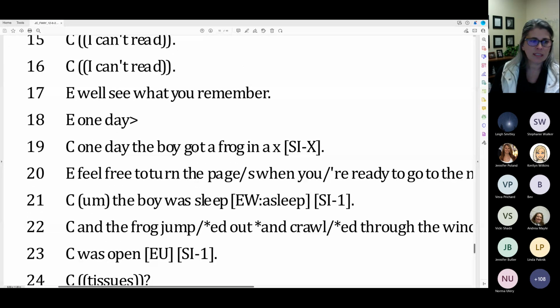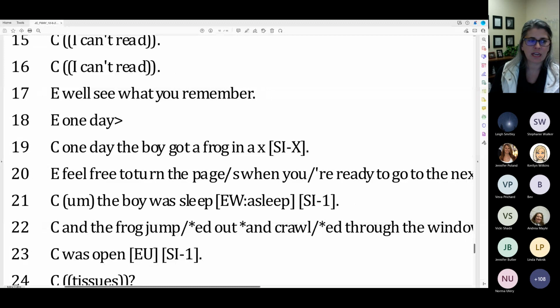As you're going through the sample, I'm going to just kind of talk about some of the things that you might see. These codes at the end where it says SI-X. This means SI stands for subordination index. That's another way of saying clausal density.